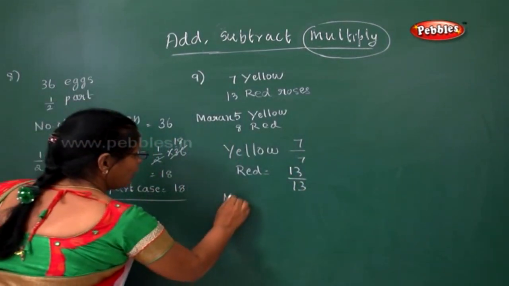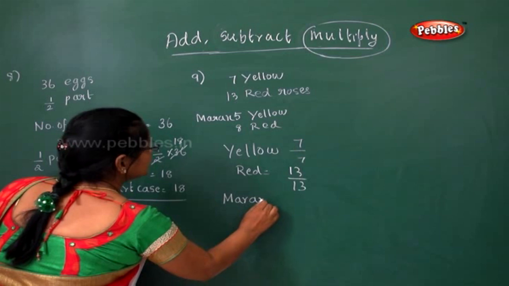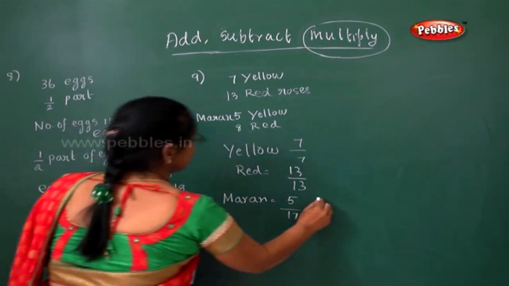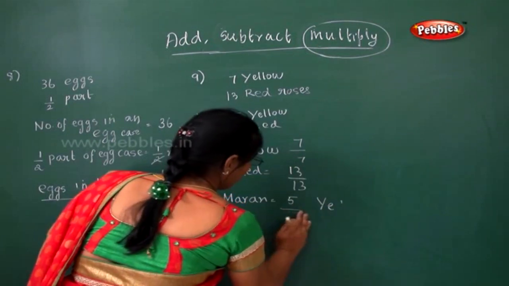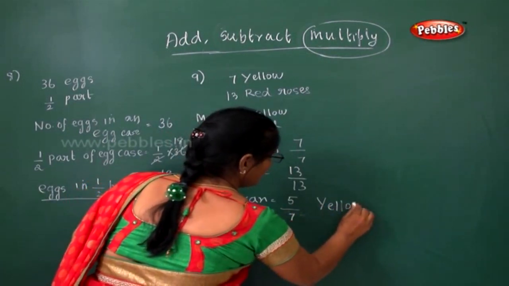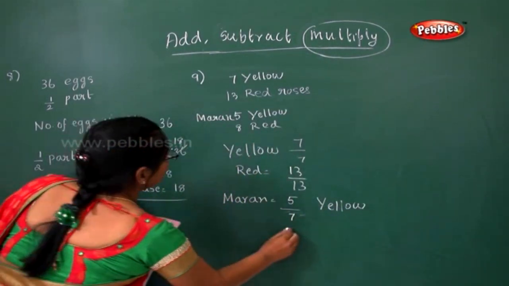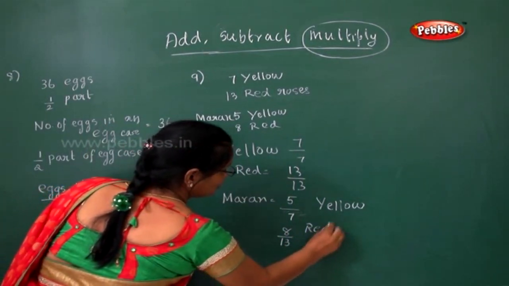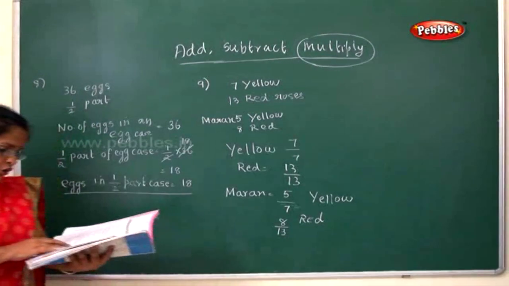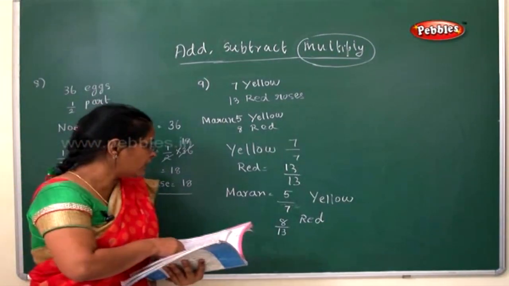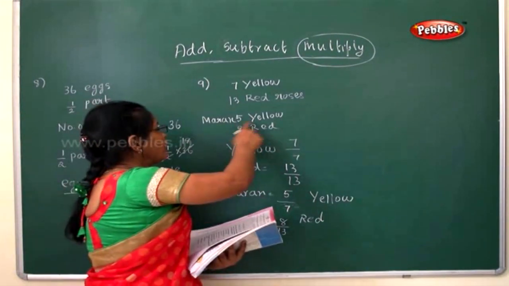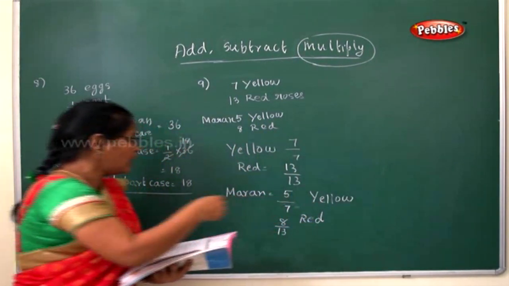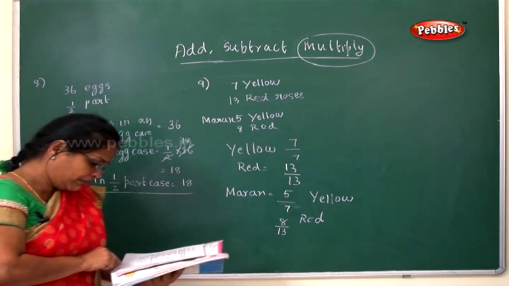But how much did Maran take? Maran took 5 by 7 in yellow roses and 8 by 13 as red roses. So this is how you have to do it in the fraction. So again, Maran took 5 yellow roses and 8 red roses, so it is 5 by 7 in yellow and 8 by 13 in red roses.